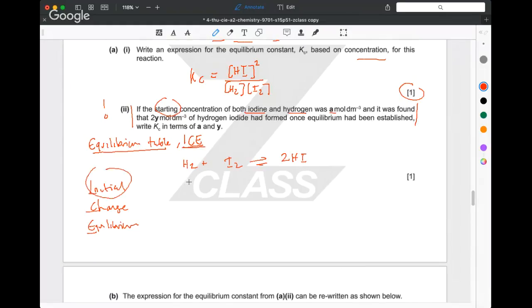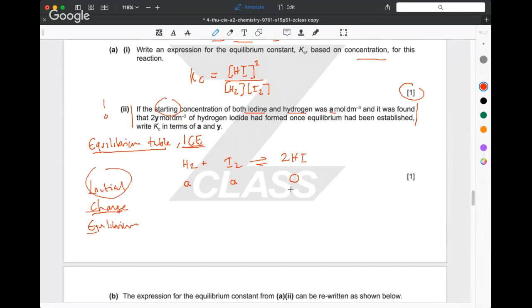So the initial concentration is A, the initial concentration is A, and at the start, because you've just got hydrogen and iodine, the initial concentration of hydrogen iodide is 0. Nothing's happened yet because you just had those as a starting concentration, and later on they reacted to make hydrogen iodide. Now, then it tells you what changed during the process of the reaction?